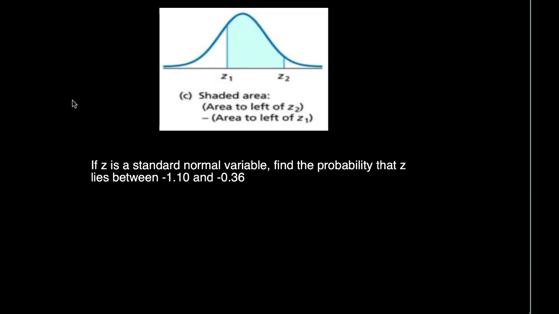The last one is finding the area between any two z values. If z is a standard normal variable, find the probability that z lies between negative 1.10 and negative 0.36.